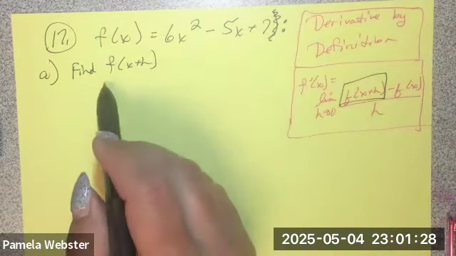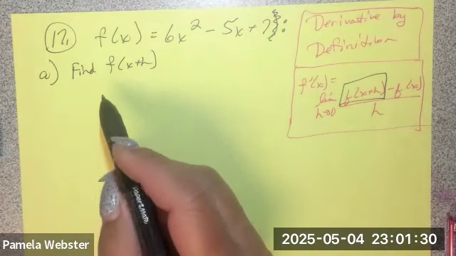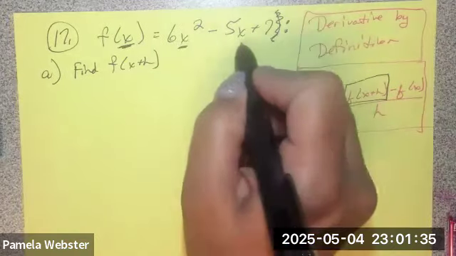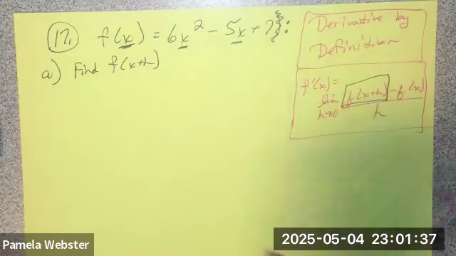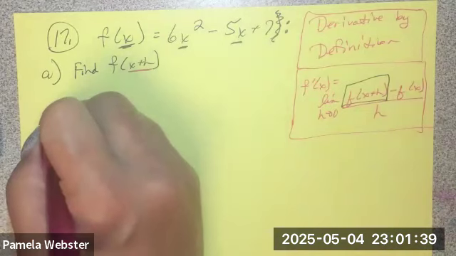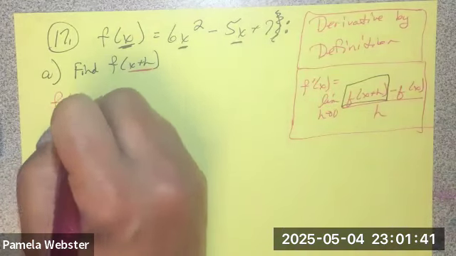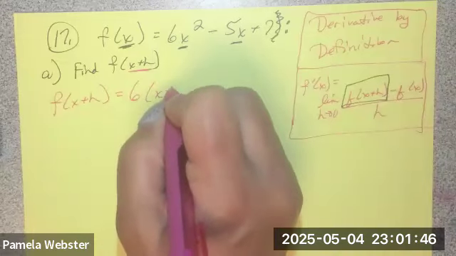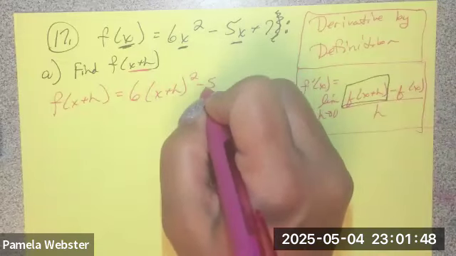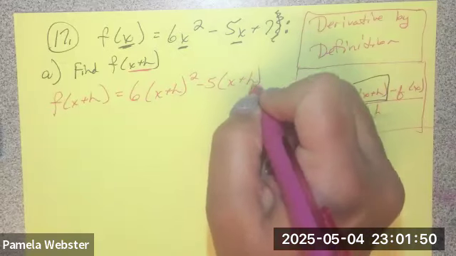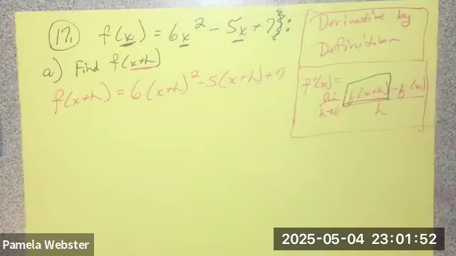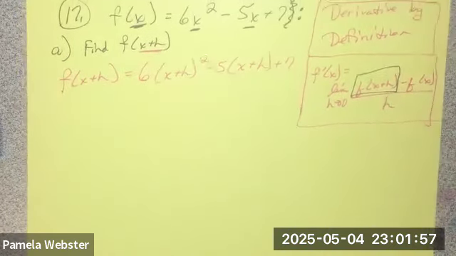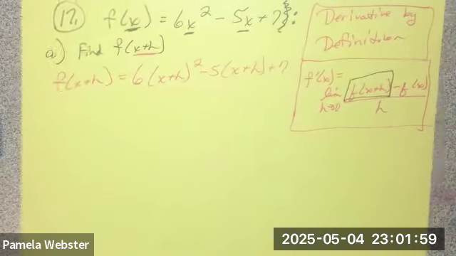And step A here is, in my opinion, where most people struggle. Okay, everywhere we see an x, we're going to substitute in x plus h. So f of x plus h is 6 times x plus h squared minus 5 times x plus h plus 7. Okay, there's that. The substitution step's not what bugs most people.